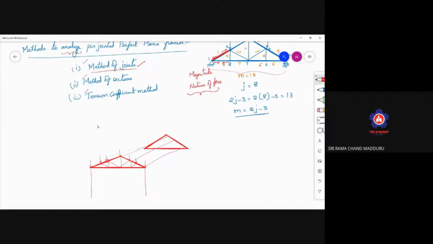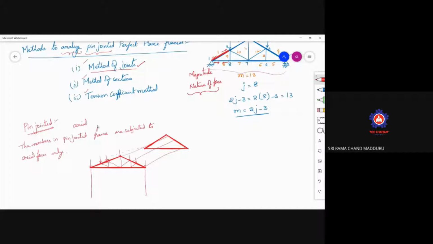Now, understand here, when I call it a pin jointed frame, the nature of the pin jointed frame is that it will be subjected to only axial forces. So the members in a pin jointed frame are subjected to axial forces only.